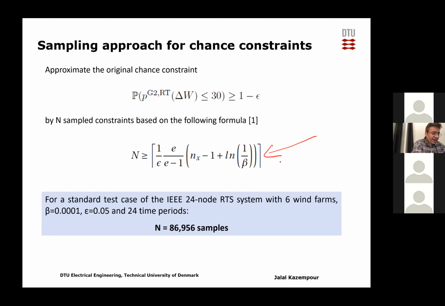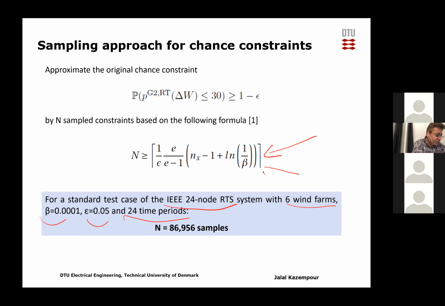But to get an idea how many samples we need to be able to recast a chance constraint as a scenario-based stochastic program, take for example the IEEE 24-node reliability test system, which some of you are currently using as your test case, with 6 wind farms. Let's say beta is 0.0001, epsilon is 5%, and 25 time periods.